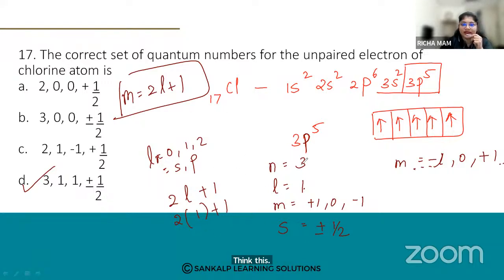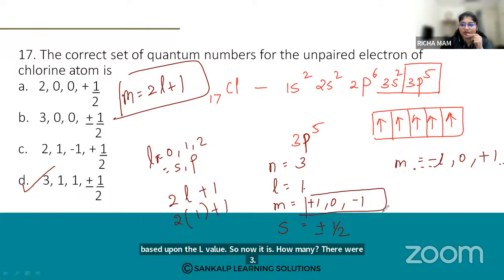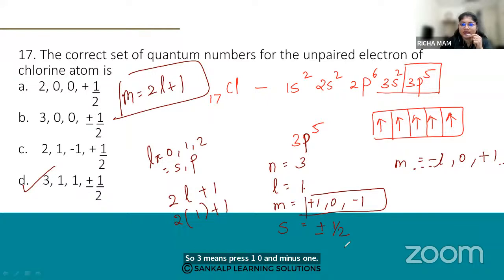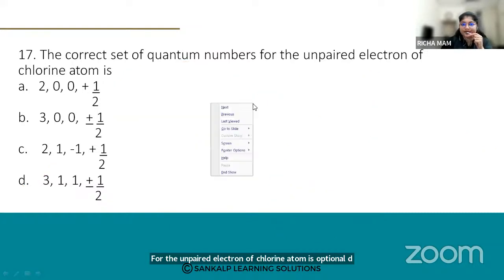Now how many were there? 3. So 3 means +1, 0, and -1. And the S value is plus or minus half. So the correct set of quantum numbers for the unpaired electron of chlorine atom is option number D. So option number D is the correct answer. Okay.